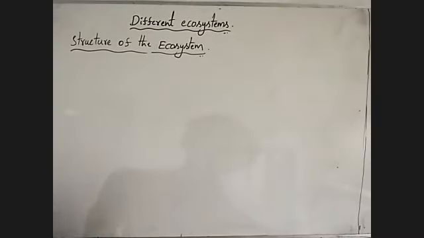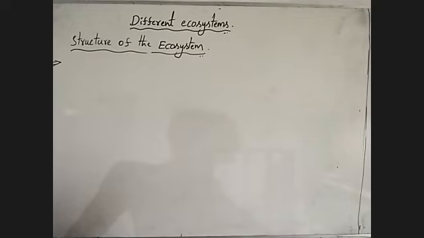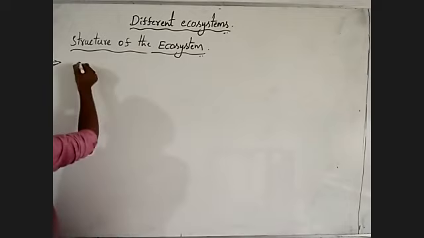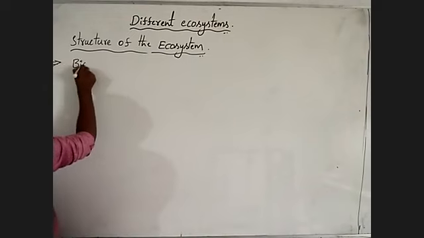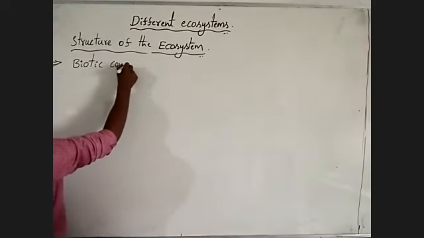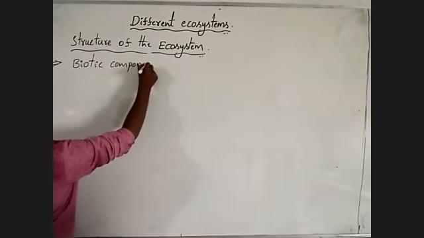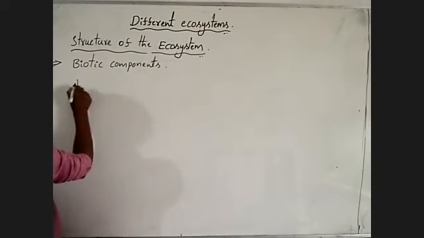Okay, listen. Already in last class, we discussed that an ecosystem is made up of two components, biotic component and abiotic component.